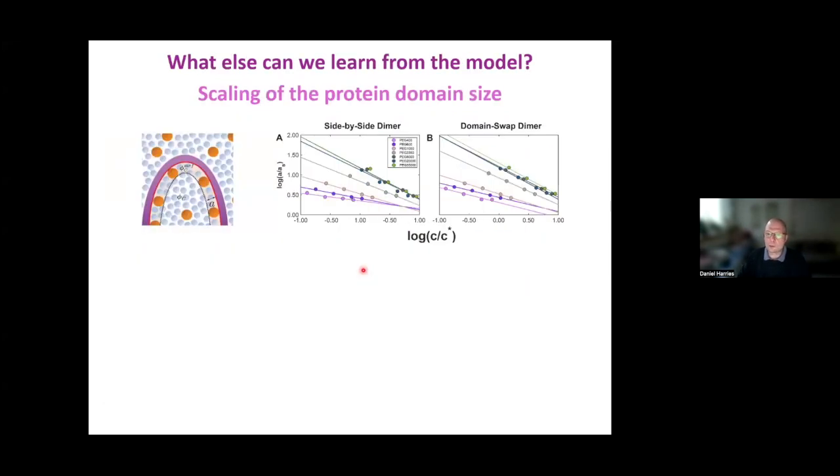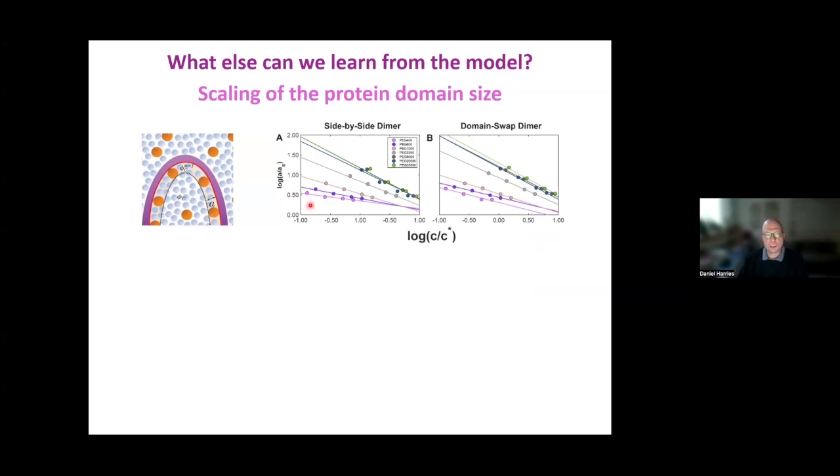So one thing that we were very happy to see as an emergent property of the model is that it is able to predict the scaling of the domain size, this A, this length scale of interaction between the Crowder and the protein.